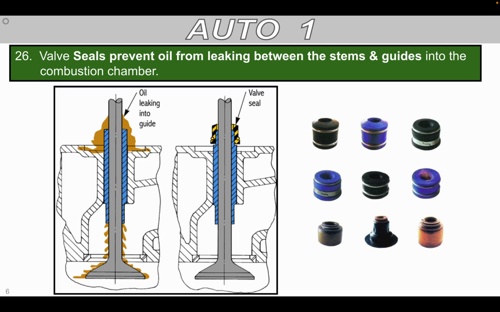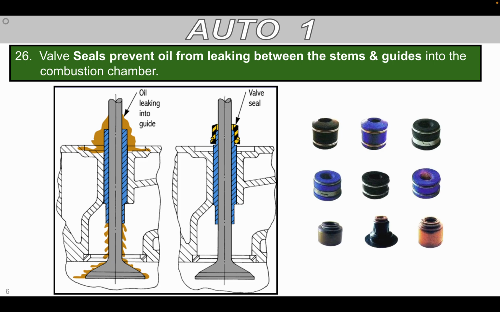Now, a valve seal is going to be put on top of that guide, and all it's going to do is prevent oil from leaking in between the valve guide and the valve. You know how I told you about the oil control rings on the piston, and that helps prevent oil from getting into the combustion chamber? This is another way that oil could potentially get into the combustion chamber, if this seal is not working properly.